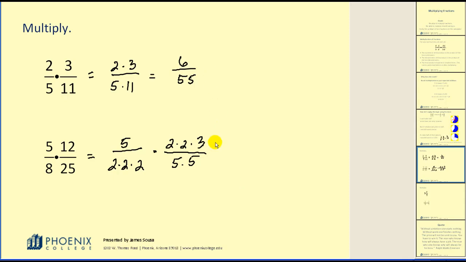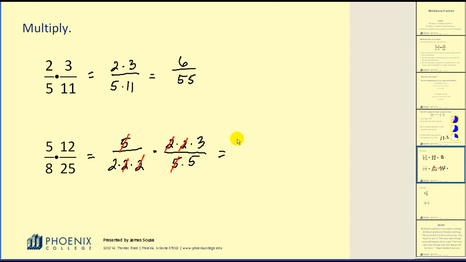Remember, all of these factors will be in the numerator and all of these will be in the denominator. In order for a fraction to be in simplest form, we need to simplify out all of the common factors. So what that means is this 5 over this 5 simplifies to a 1, that simplifies to a 1, and that would simplify to a 1. The remaining factors will be our product, and it will be in simplest form.